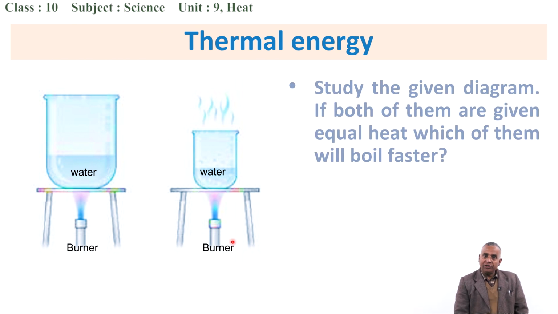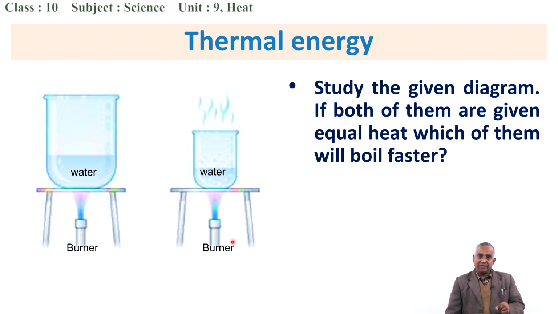My question is: if they are heated by giving equal amounts of heat, which one of them will boil first? You can guess very easily. Does water boil faster in a big vessel or in a spoon? Easily you can answer.